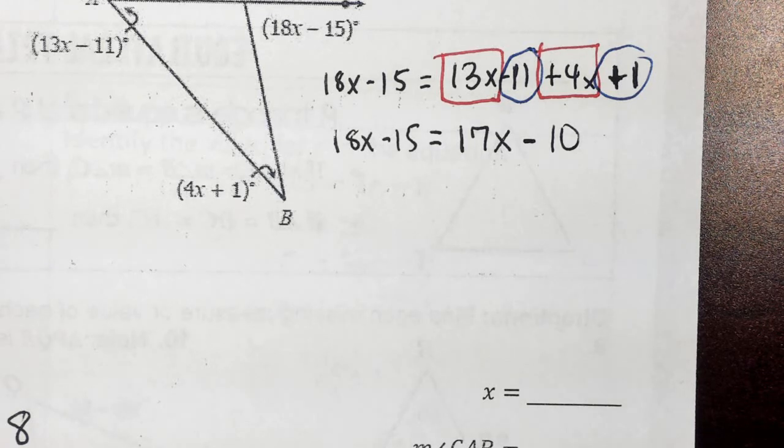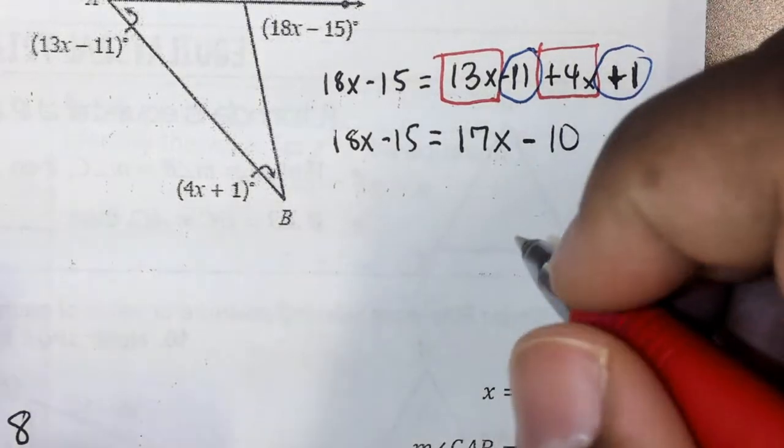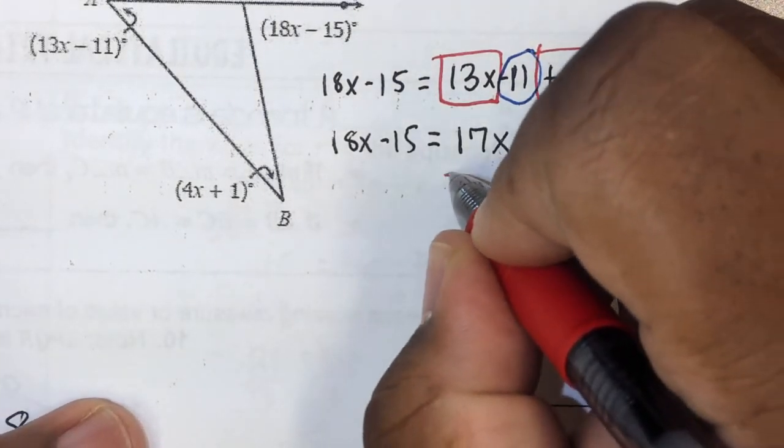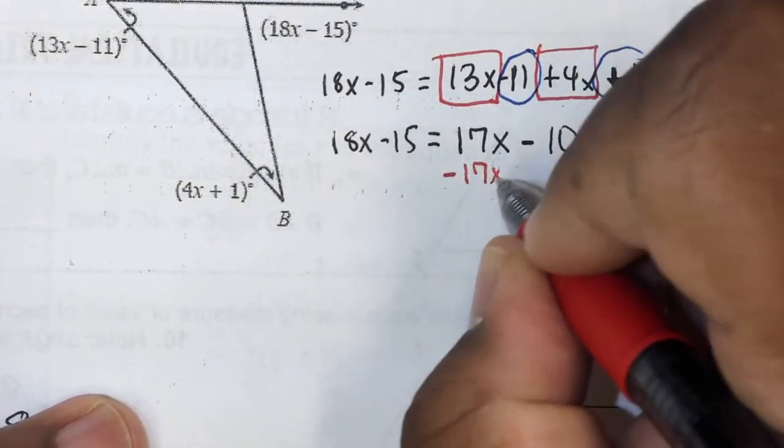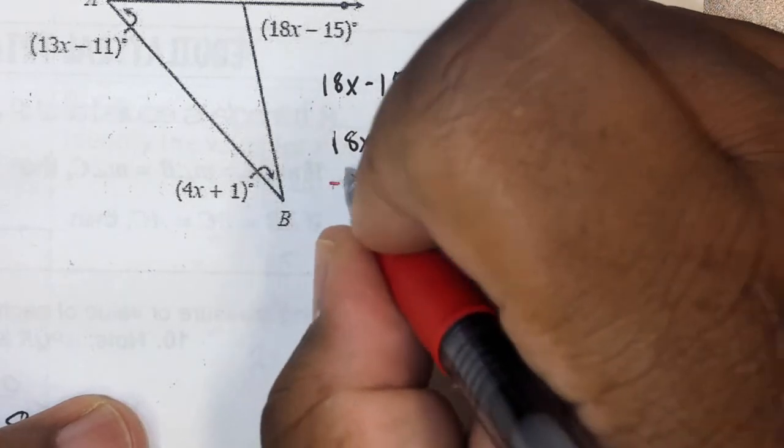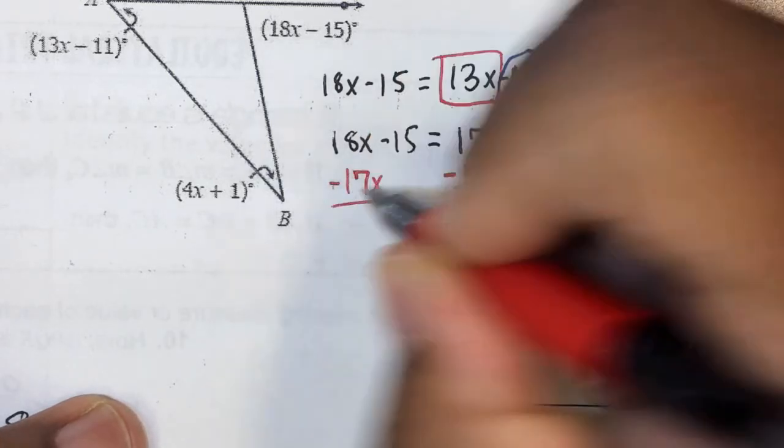Lucas, what you gonna move first? We just did this in bell ringers. He said he gonna move 18x. You could, but I wouldn't. As soon as you move that 18x, you're gonna get a negative variable, and I don't want y'all dealing with those if y'all don't have to.